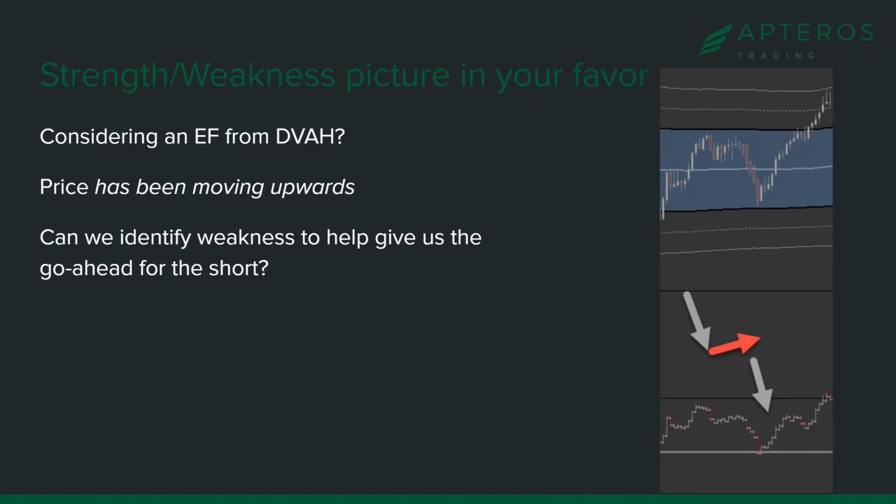So are we considering an extreme fade? Price has been moving upwards. What do we think? First, let's look at the first sequence. Price had been moving up to get to this potential extreme fade type sequence.